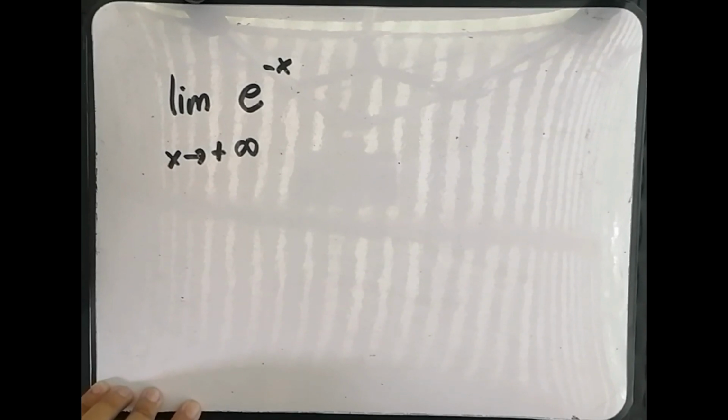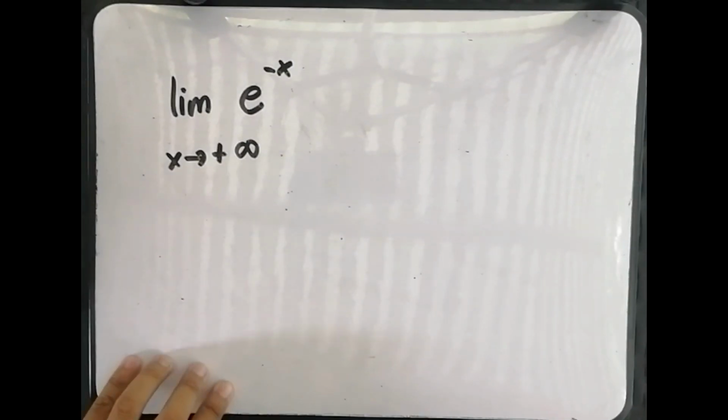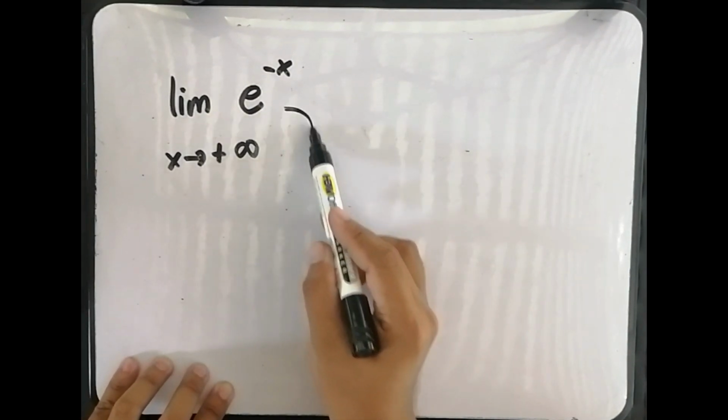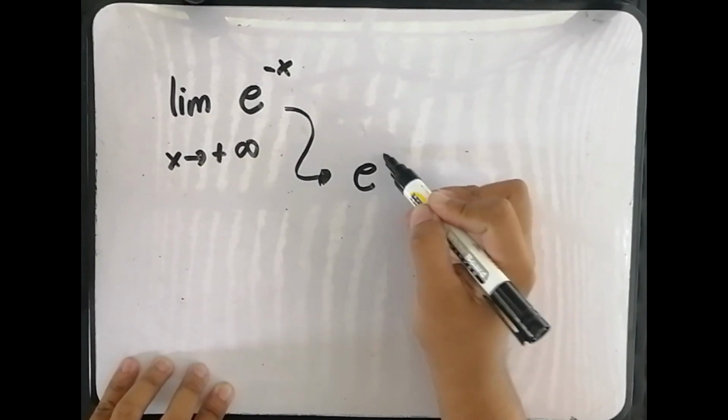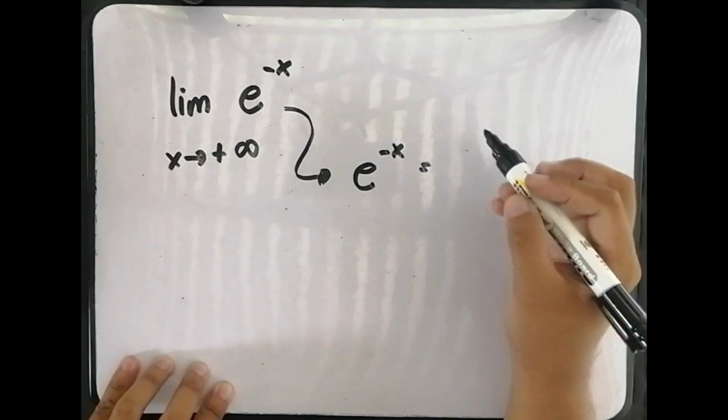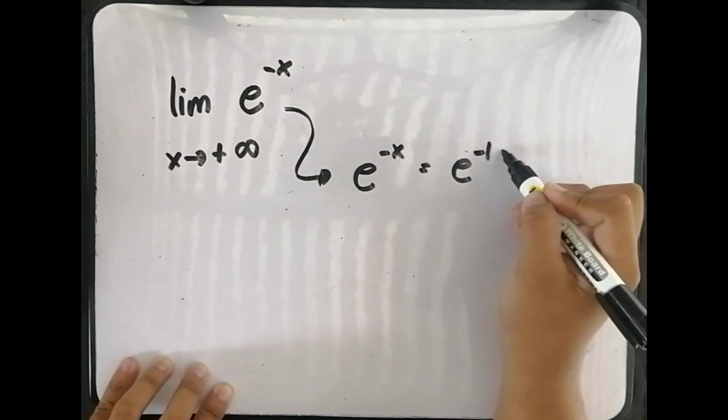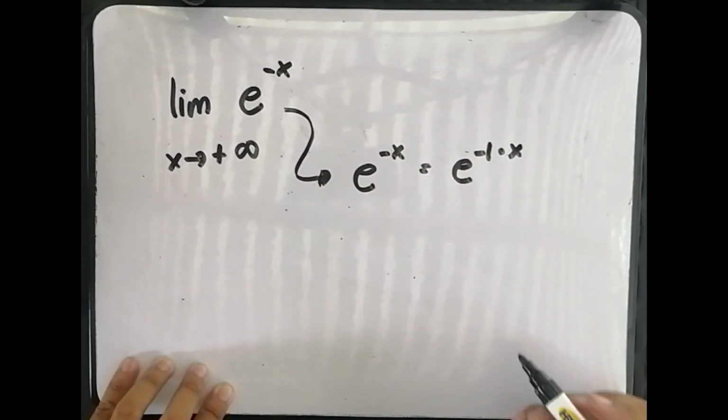Now, let's take a look at the limit of e raised to negative x as x approaches positive infinity. So, by laws of exponent, we know that e raised to negative x, etong part na to, di ba parang ganito yan? E raised to negative x is equal to e raised to negative 1 times x. Di ba?